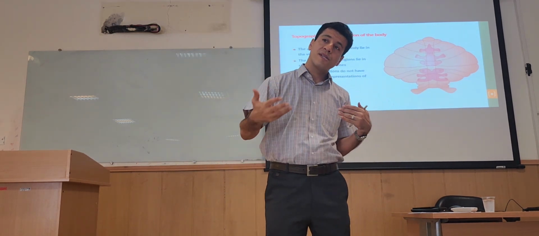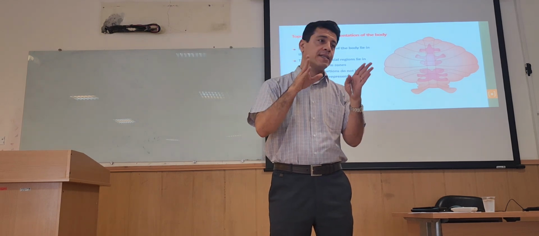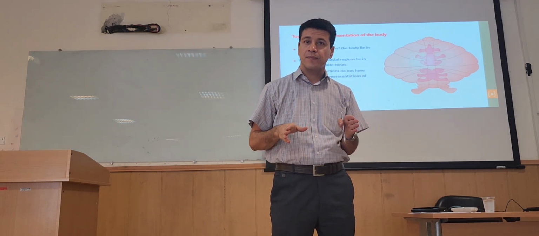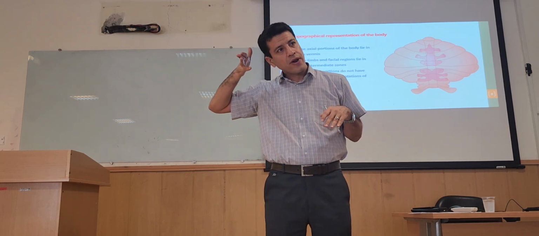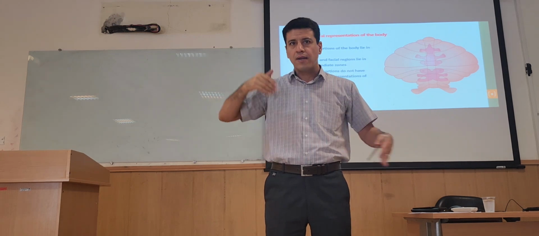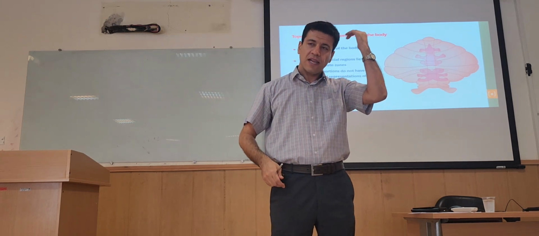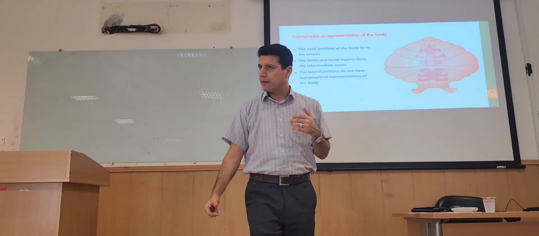But it also receives information from the cortex. So you know that in the primary motor area, we have a hand area. On the right side of the brain, we have a hand area for the left hand, left arm, and on the left side, we have an area for the right arm, right?